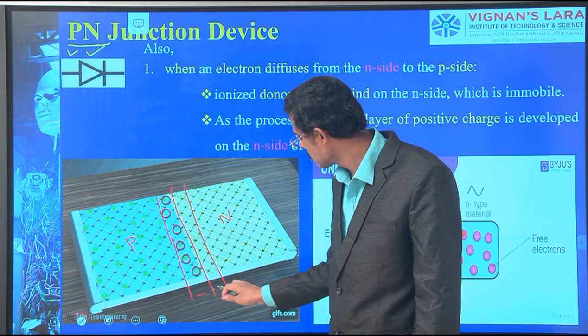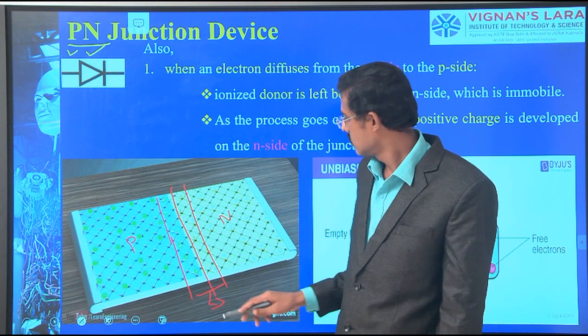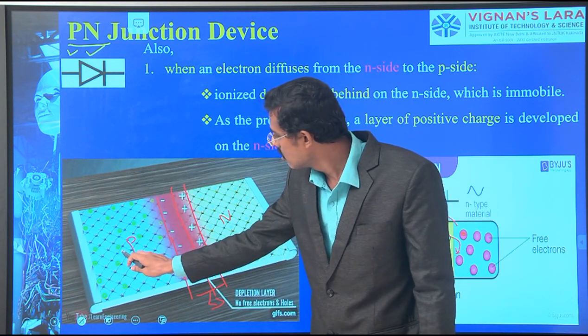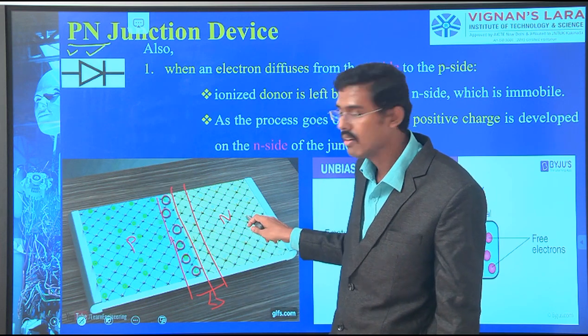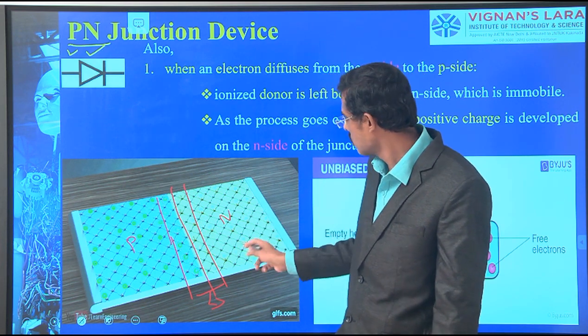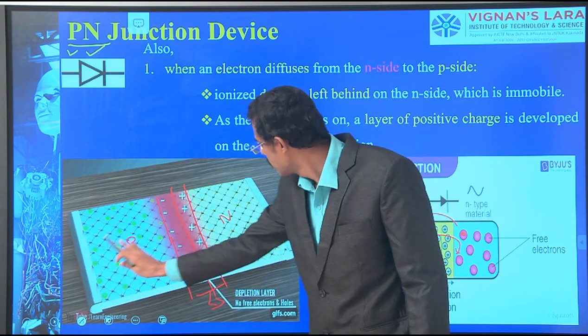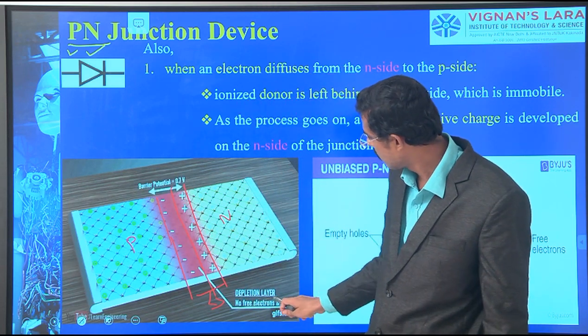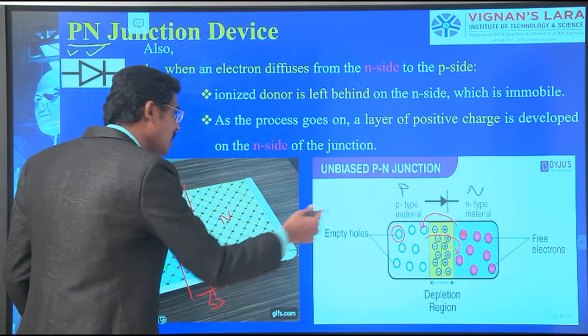I am naming this zone the depletion region. Here we have holes, but here we have negative charges. Here we have positive, but here we have electron negatives. So this interchanging takes place at the boundary level, but later it is as usual P and N. This I am calling the depletion layer. So we understand now regarding the PN junction.